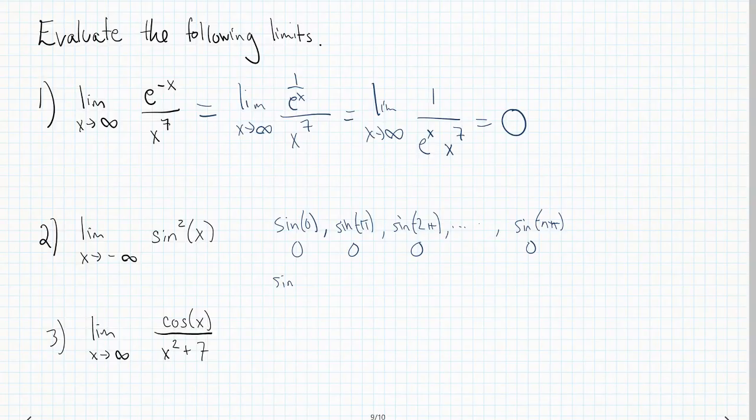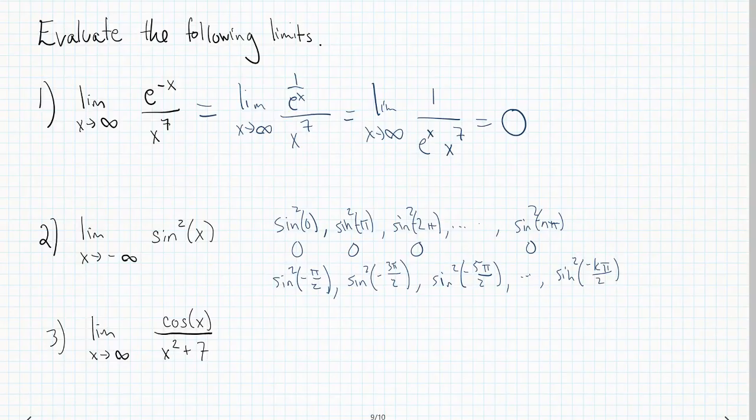Now on the other case, if I do sine of negative pi over 2, sine of negative 3 pi over 2. And each of these I can square, it's not going to make a difference. Sine squared of negative 5 pi over 2. And then let's make this sine squared of negative k pi over 2, where k is odd.